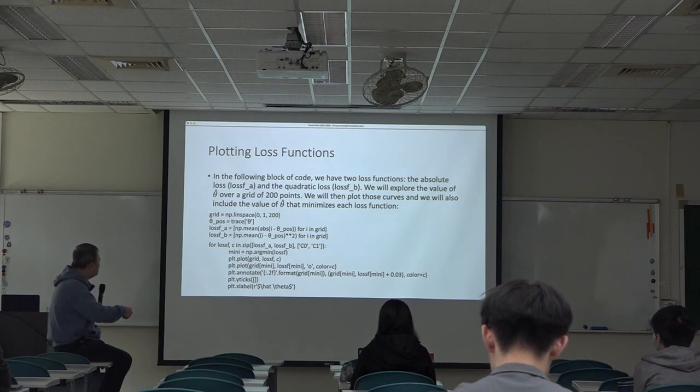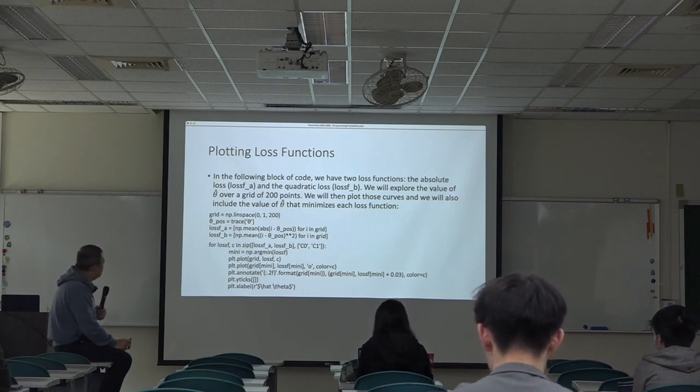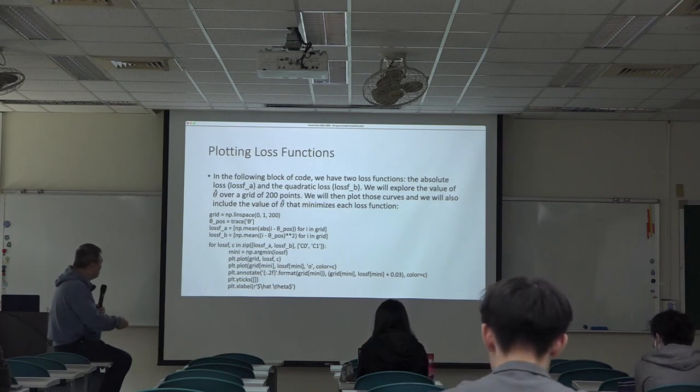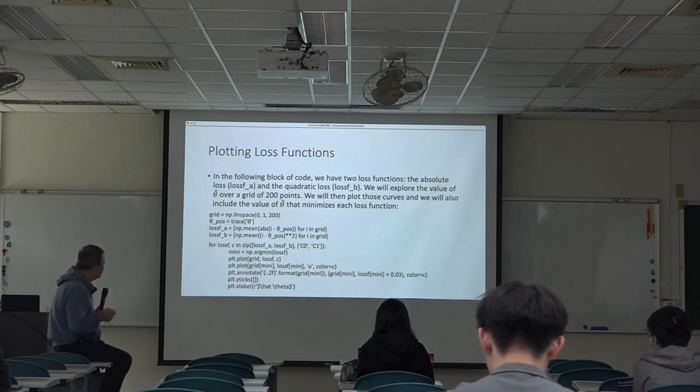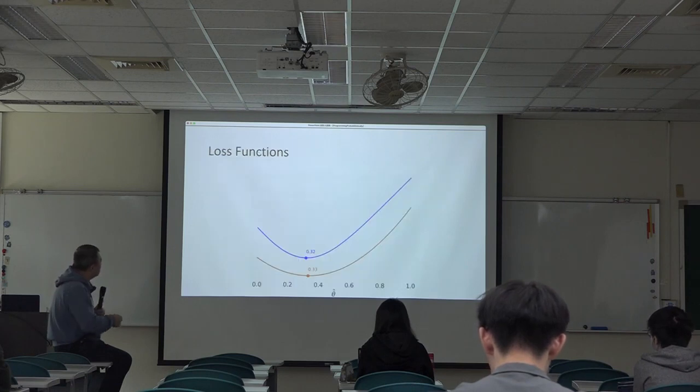I think this is fairly easy. loss_f_a represents the absolute loss function, and loss_f_b represents the quadratic loss function. The computation should be fairly simple in Python programming. And when you plot it, it looks like this.